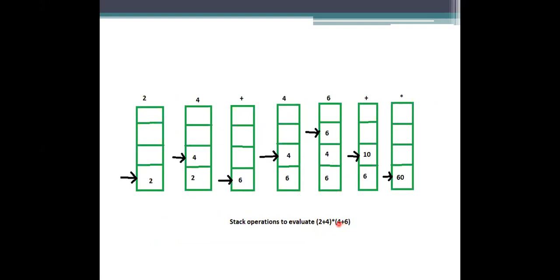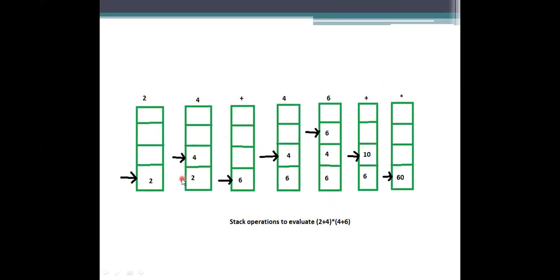In the postfix representation, I need to perform the addition of the first two numbers, then the addition of the next two numbers, and whatever answers we get have to be multiplied. So likewise we need to represent it. How is it going to evaluate?